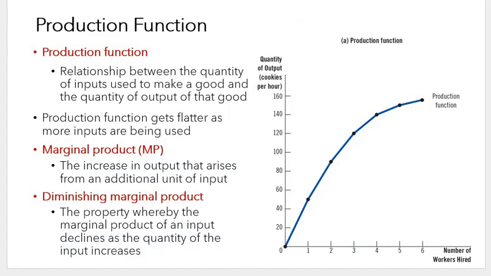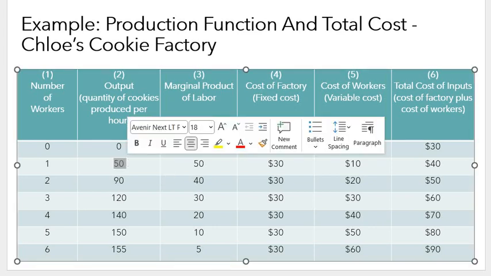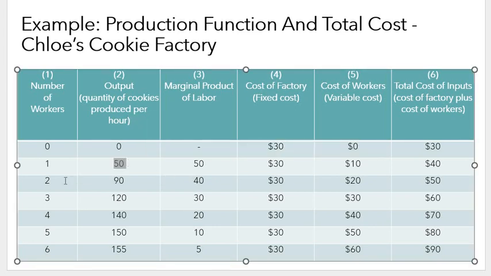All right, so from the table on the previous page, if we depict each point, say when there's one worker being hired, we have 50 cookies being produced. And if we have 2 workers, we can produce 90 cookies.